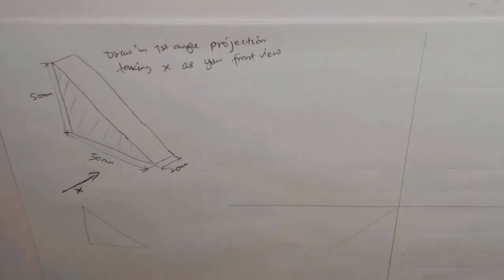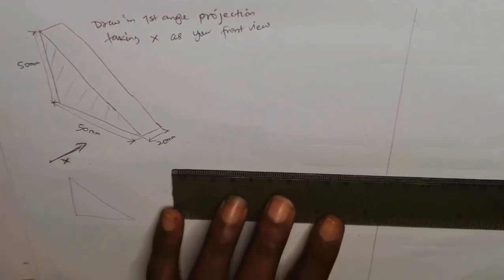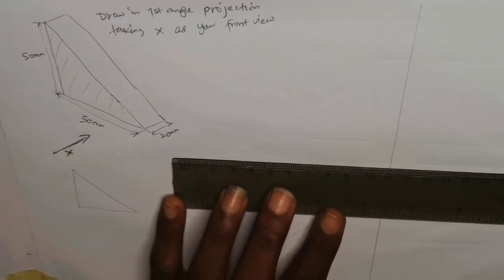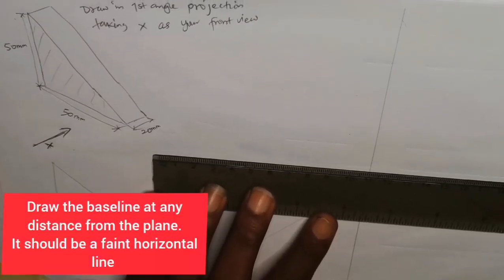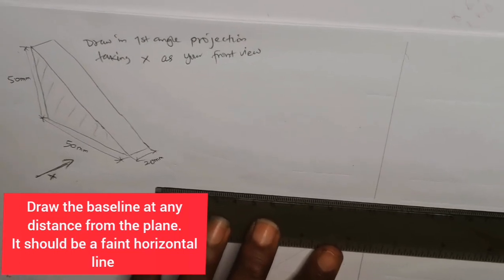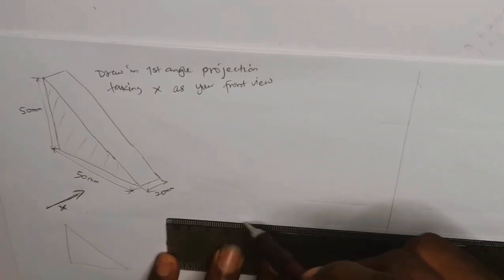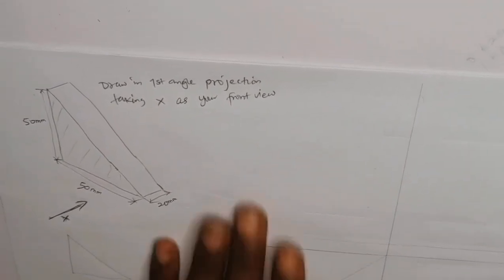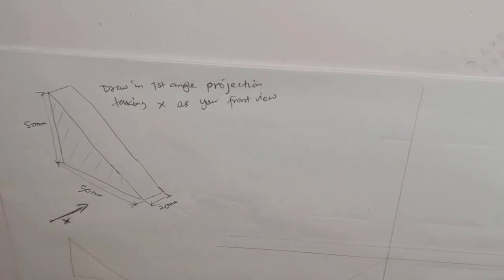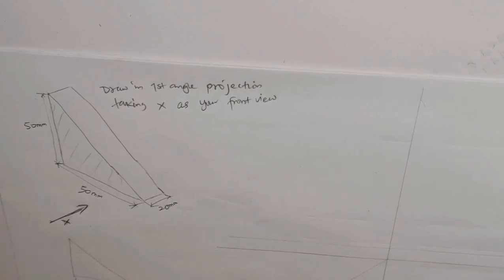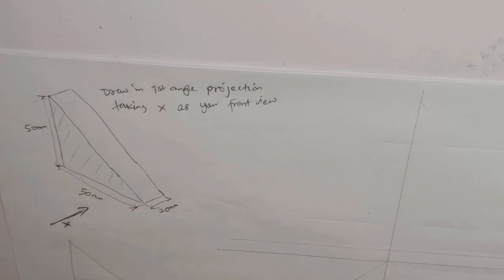So now I'll be drawing my front view at this point. Let me draw the baseline. Your baseline should be a straight horizontal line. From this point to this point is measured 50 millimeter.